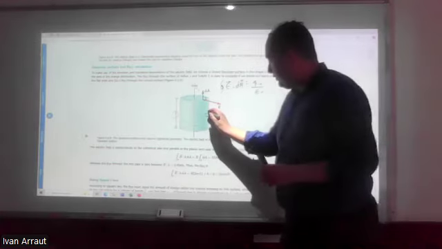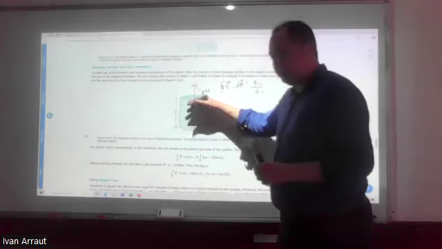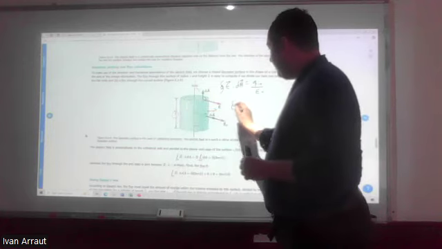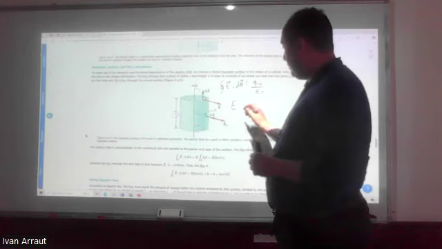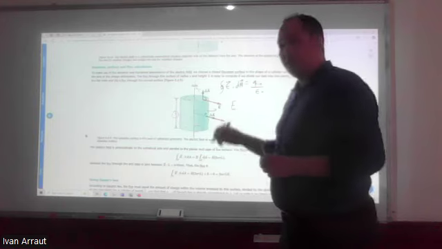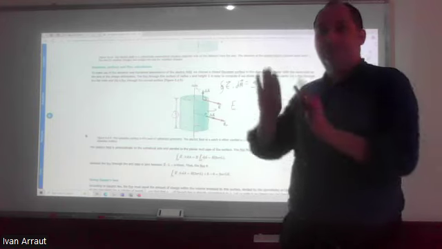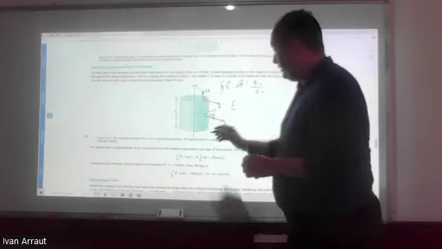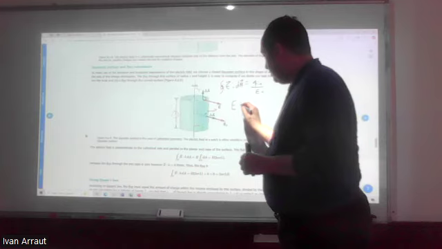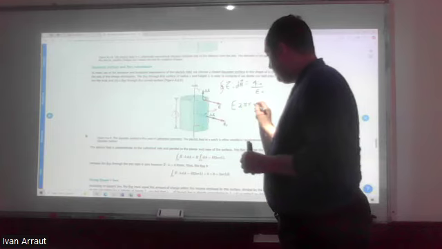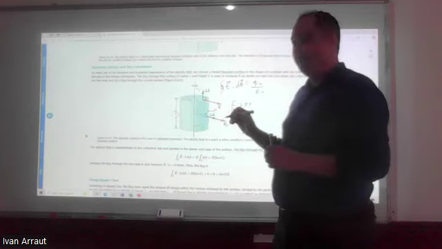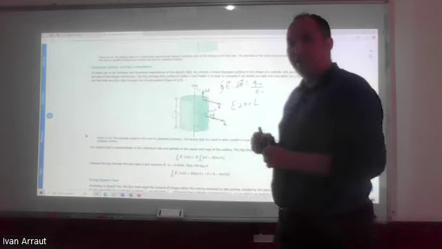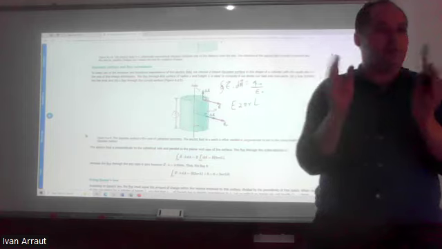Now, since the electric field is perpendicular to the surface, and the vector area points in the same direction, then what is the area of that surface? The area of the surface of the cylinder surrounding is 2 pi r multiplied by the length. This is the area of the walls of the cylinder.